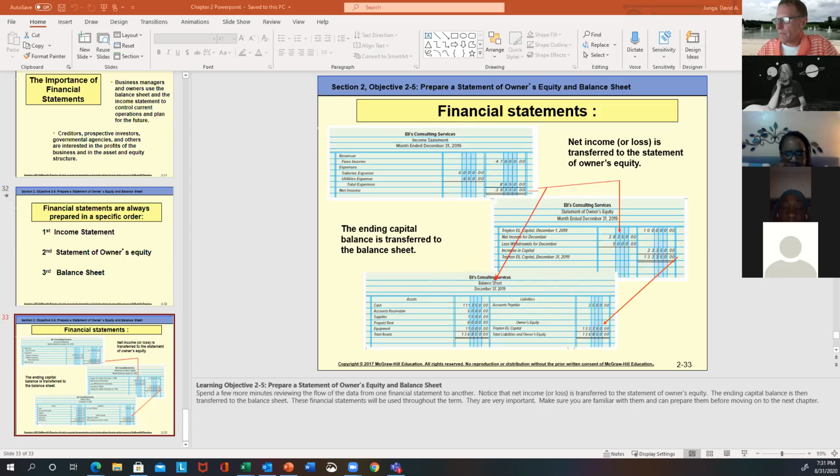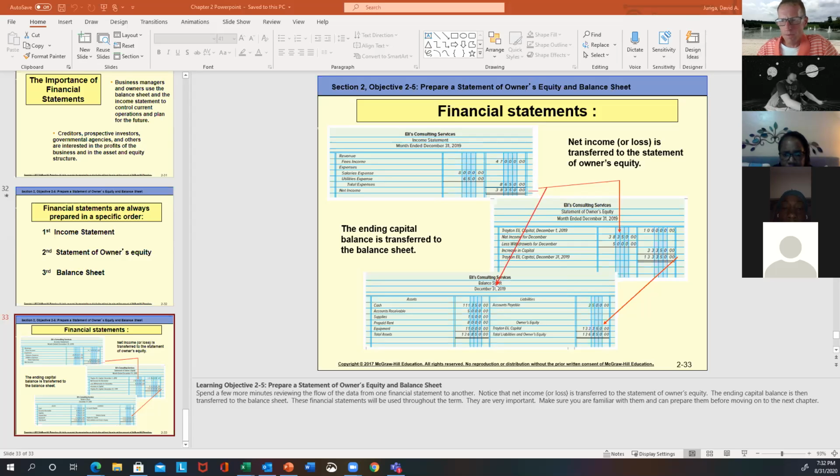Another thing about the balance sheet, I don't think I said it earlier: look at the date. It has one date, one specific point in time, where the other statements typically say for a period of time. So the income statement and equity statement might say for the month, while the balance sheet just says at the end of the month.